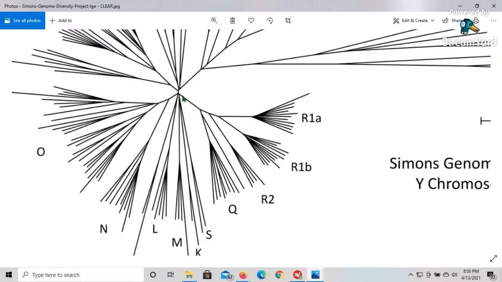And because, by the way, at the beginning, every one of these people, all of these people, had the same Y chromosome, obviously, because they're all sons of Noah. So they all started out with the same Y chromosome. So the T, the L, the M, the K, the S, they all had the same Y chromosome originally.